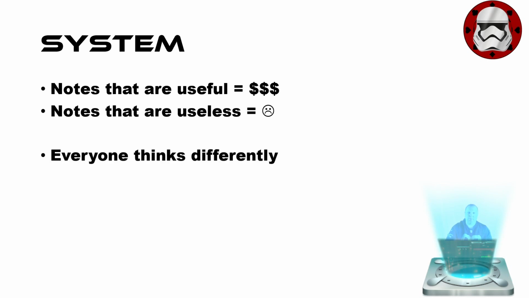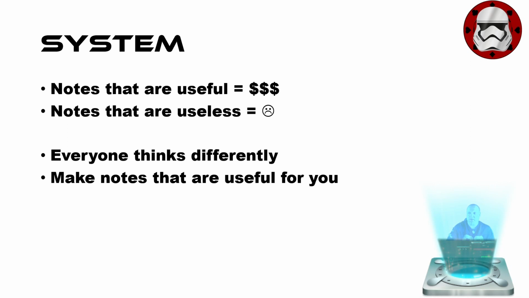And now the thing is, everyone thinks differently. The way I think about poker strategy is different than how you think about poker strategy and how the third person thinks about poker strategy. We have different ways to get the same conclusions. And the important thing is that you make notes that are useful for you. And only you. No one else uses your notes.